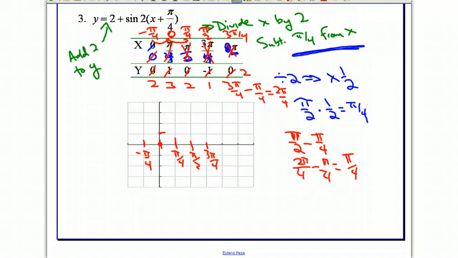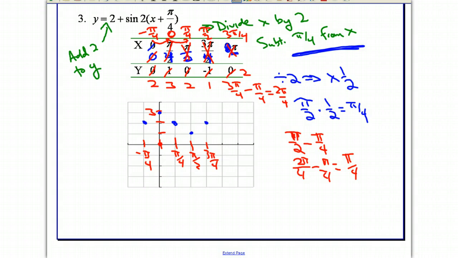And we will label our y-axis. We got a 1, 2, and a 3. We'll plot our points. At negative pi fourths, I've got a 2. At 0, I've got a 3. At pi fourths, I've got a 2. I'm sorry, at pi halves, I've got a 1. And at 3 pi fourths, I've got a 2.